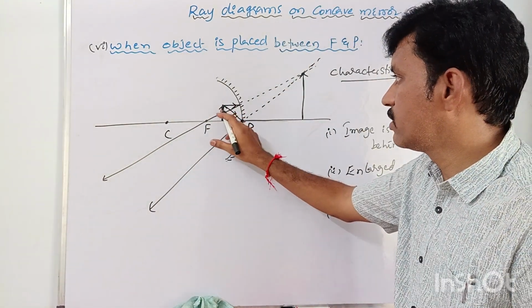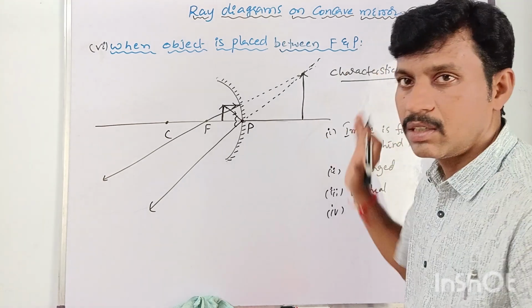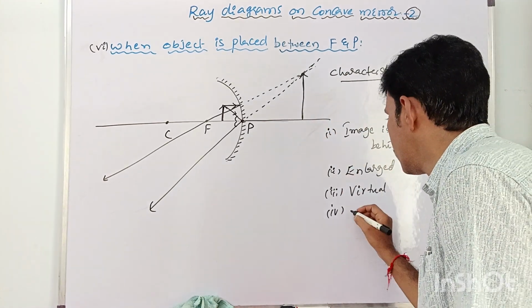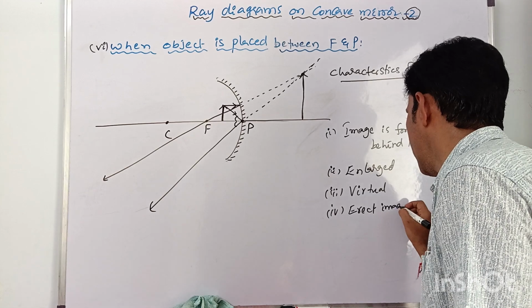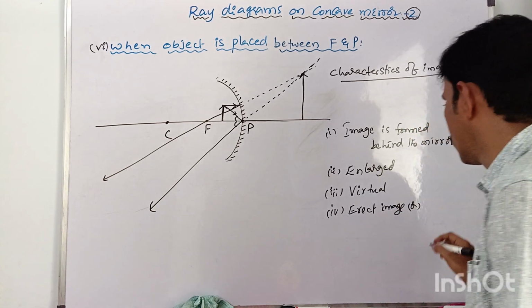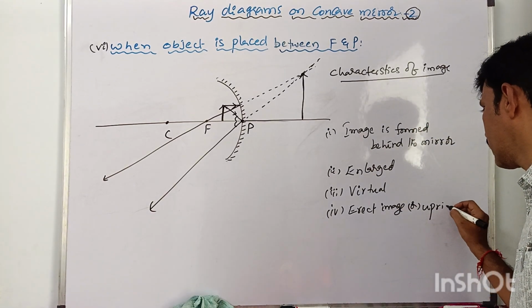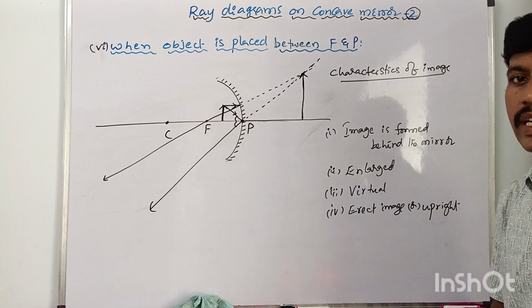That's why this is an erect image, also called an upright image.